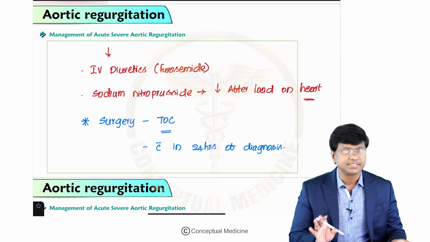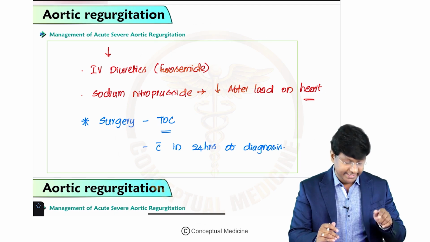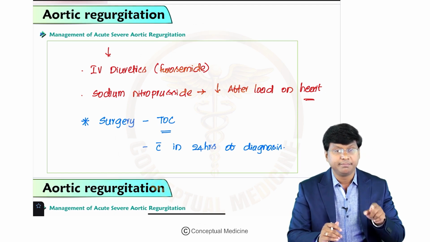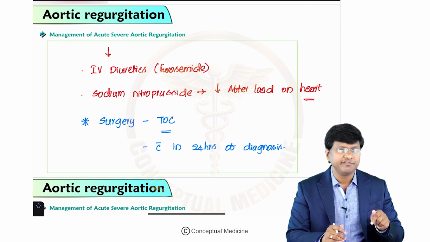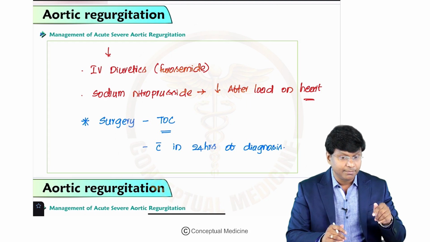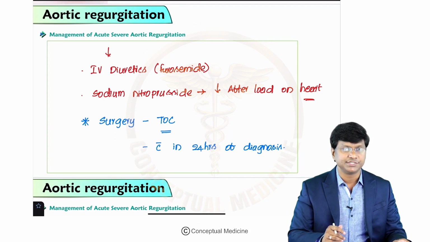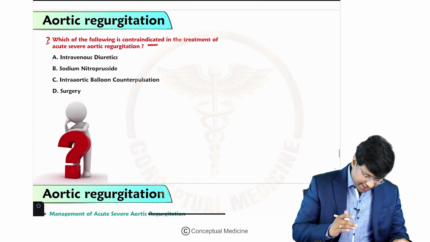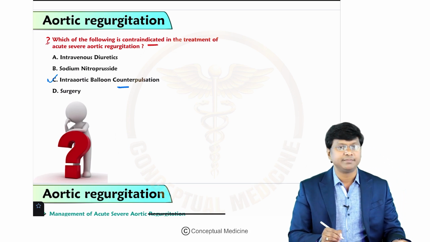So that is about the surgery. And please remember, in acute aortic regurgitation also, beta blockers are best avoided, because when you give beta blockers, they will slow the heart rate and thereby increase the diastolic time and increase the aortic regurgitation. And now in this patient, the one which is contraindicated is the intra-aortic balloon pump.